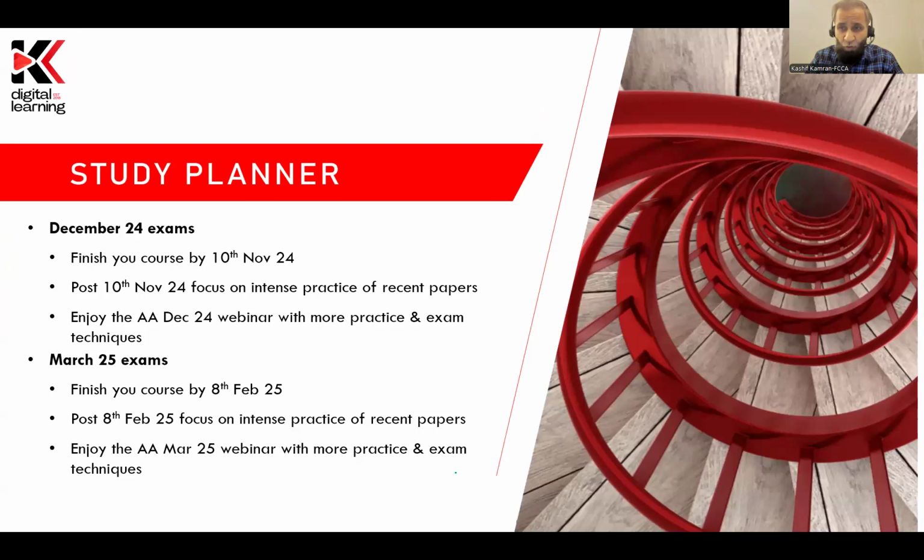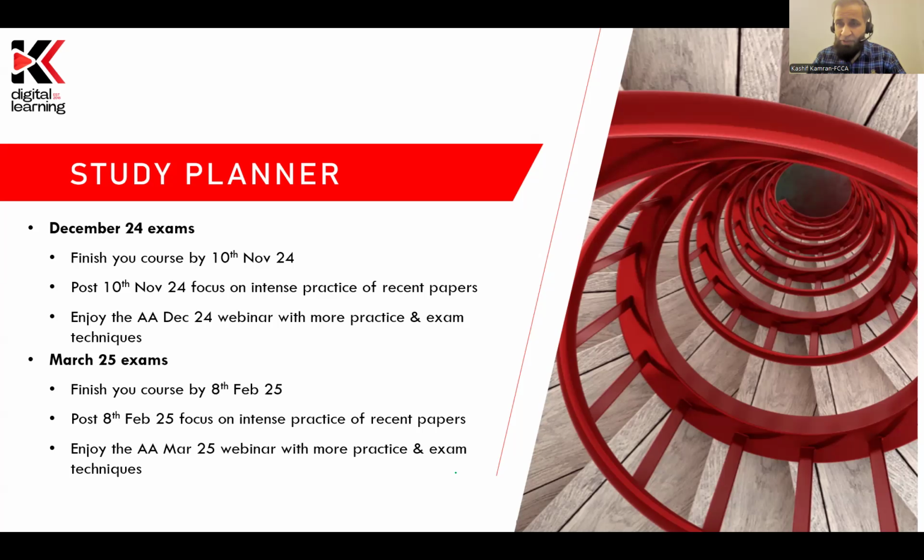Okay, study planner. The students enrolled with me for December 24, you will follow the study planner given to you for December 24, which is to finish your course by 10th November at the latest. This is 65 hours, including some extra hours, like 5 to 6, being added. Post 10th November, up to the day of your exam, you will be practicing the recent papers more intensively.